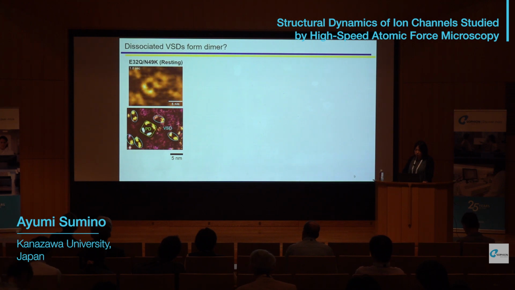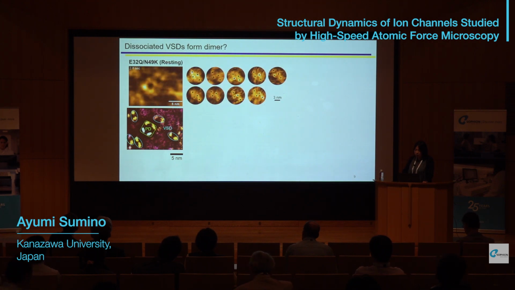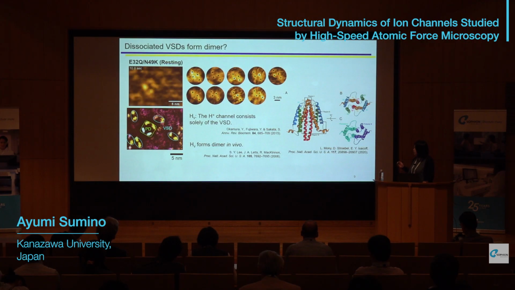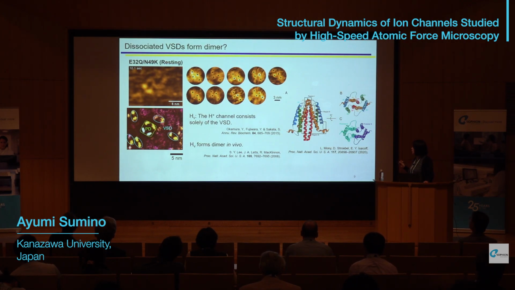Additionally, we found a unique structure in the high-speed AFM image. The particles are like this, and the structure is very similar to the dimerized structure of voltage sensor domains.